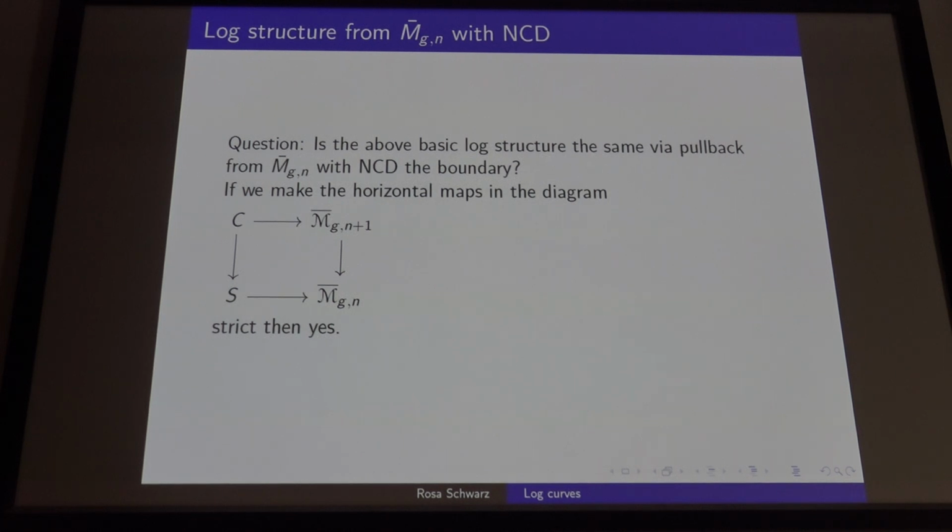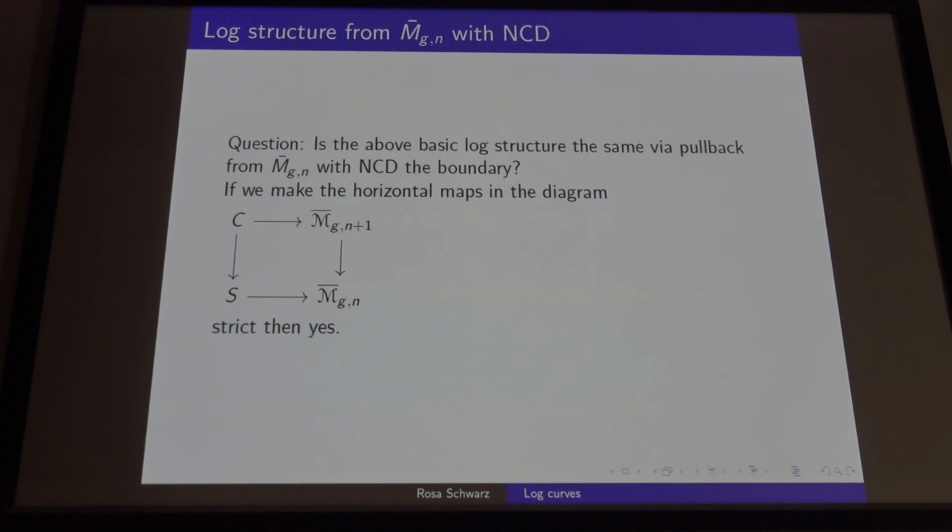Yes. And then the point is that you can change the log structure on S if you like, and this gives you possibly some new log structure on X. Yes. But then they won't be strict anymore if you change it on S, but you can take the pullback of the log structures. Yes.